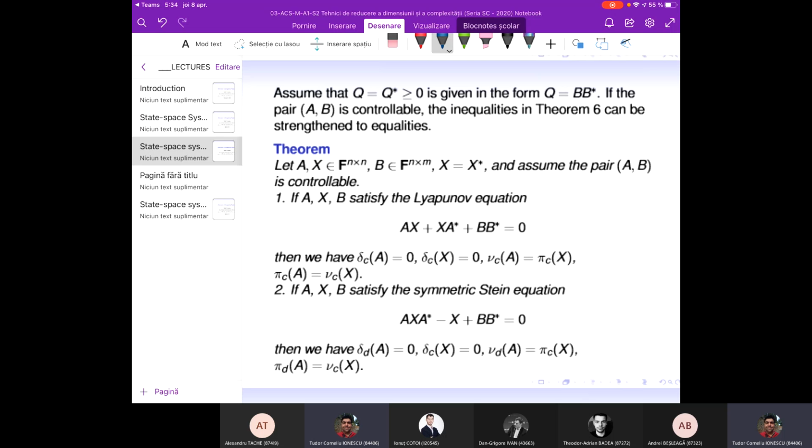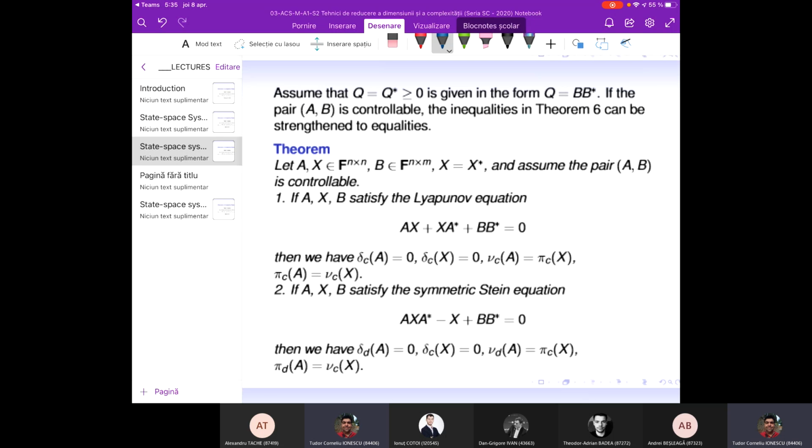So consider A, X, B, and X Hermitian, and assume that the pair AB is controllable. Here X is the controllability Gramian. So if X is the symmetric solution of this Lyapunov equation, then there is no zero eigenvalue in A, and X has no zero eigenvalues.